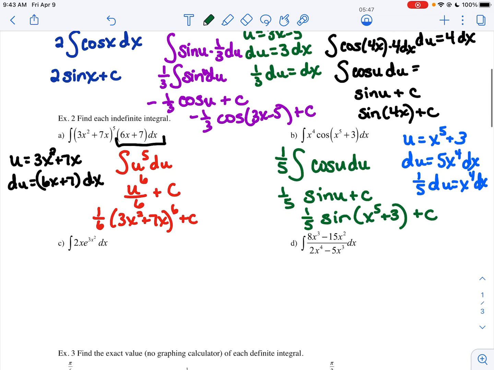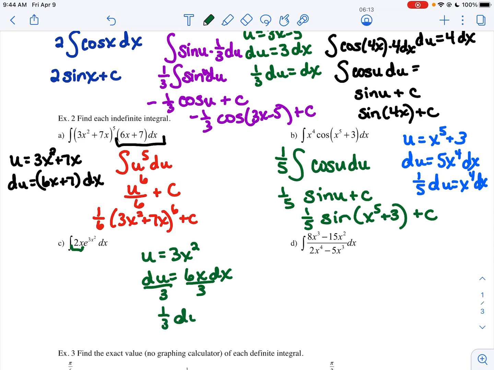So in letter C, I have the integral of 2x e to the 3x squared dx. So I'm going to let u be 3x squared. Du is 6x dx. Now, do you notice I have a 2x? So what would I do here to get a 2x? I would divide by 3.